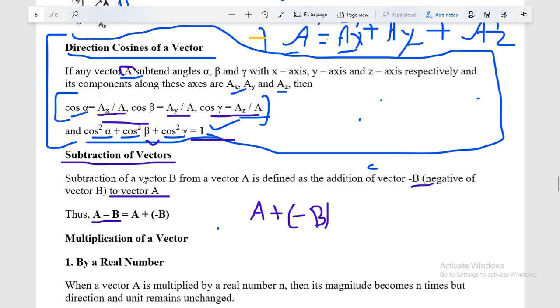So subtraction of vector b from vector a means addition of vector minus b to vector a. This is the simple meaning, right?